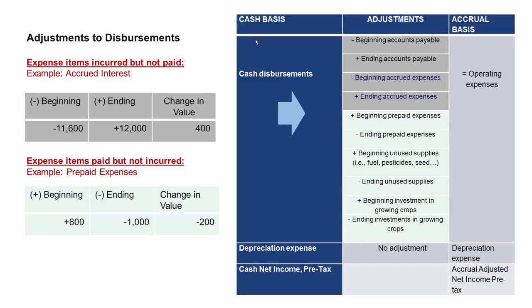Therefore, the adjustment is made by subtracting the ending inventory value from the beginning value and adding that amount to the corresponding cash disbursement. In the example, the ending prepaid expense, $1,000, is subtracted from the beginning prepaid expense, $800, to result in a change of negative $200, which in effect results in $200 being subtracted from cash expense.